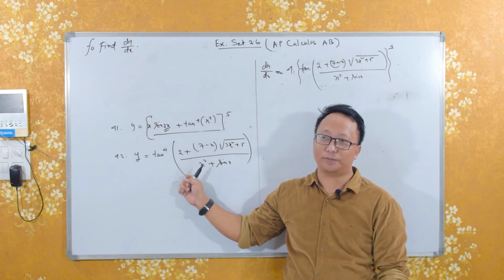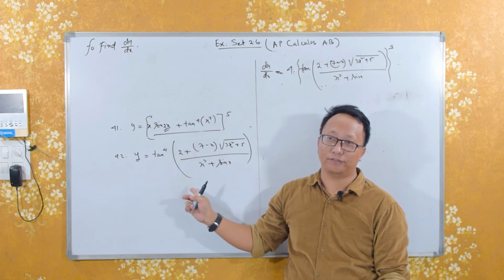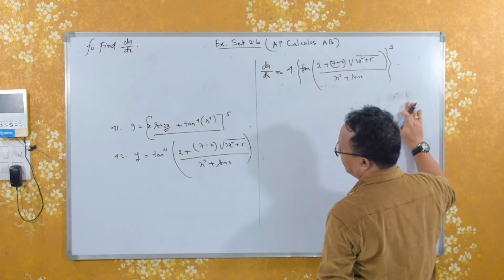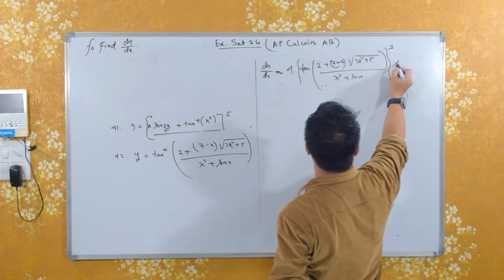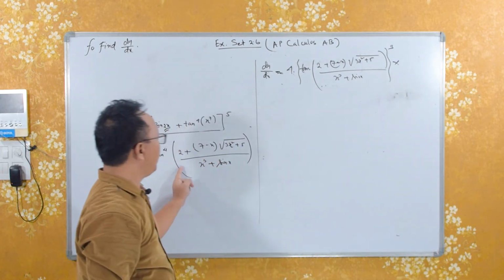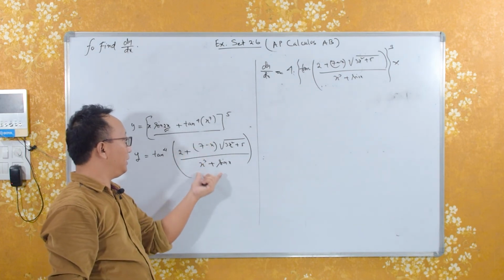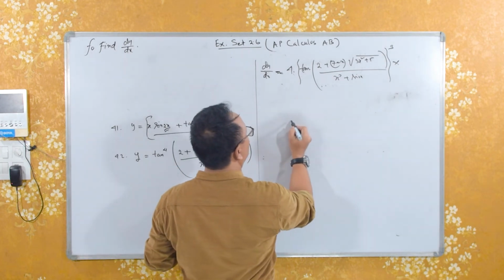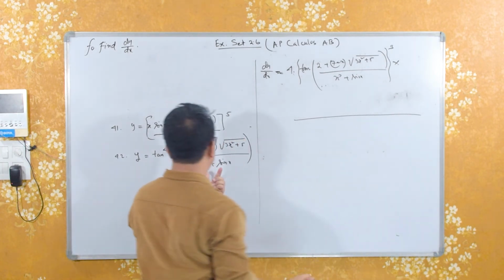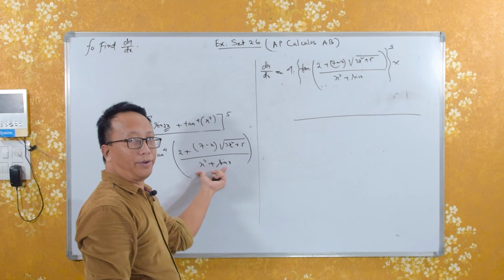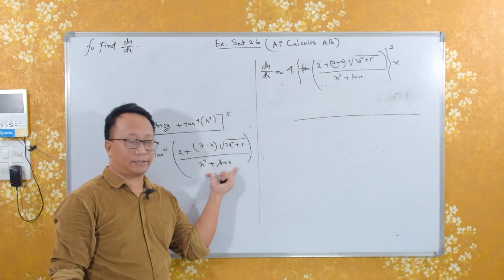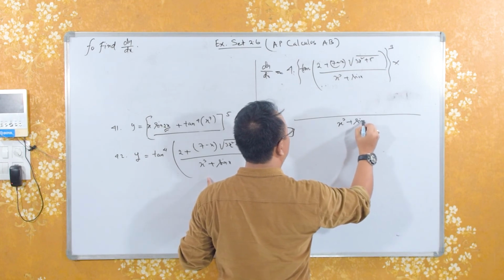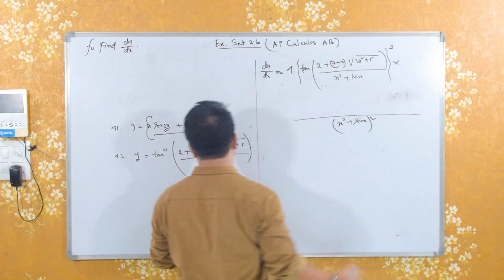Differentiating this with respect to x means you have to apply the u upon v rule. Here u upon v is somewhat lengthy, so I will use a shortcut. It is 1 upon v square, where v is x cube plus sin x, so (x cube plus sin x) whole square, because by the formula it is v square.